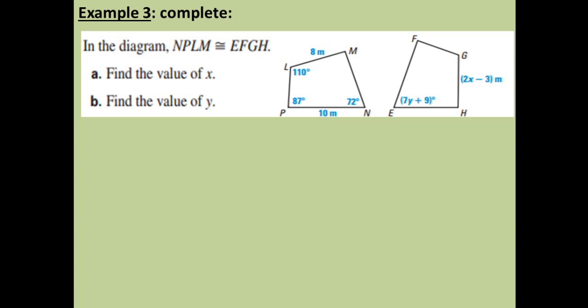In the other polygon, the angle E equals 7y plus 9 degrees. The length of HG equals 2x minus 3 meters.